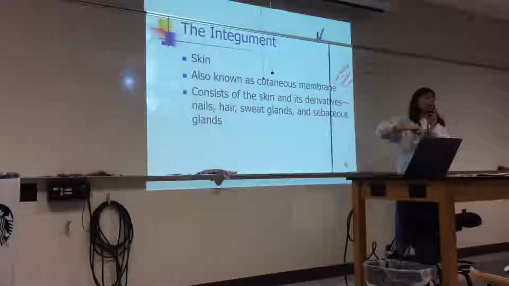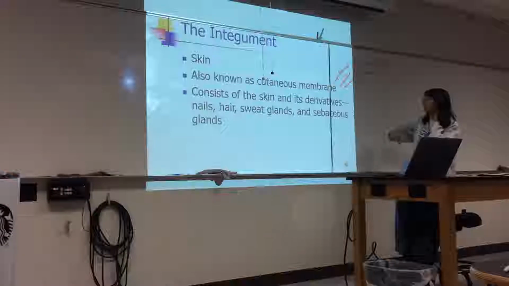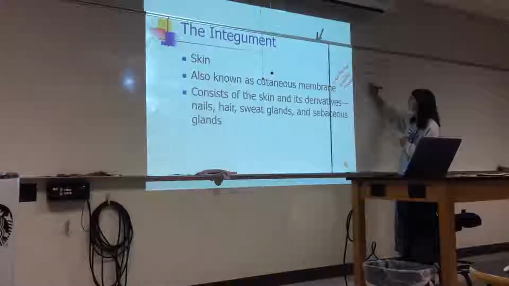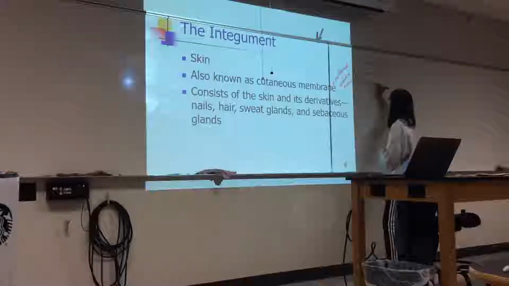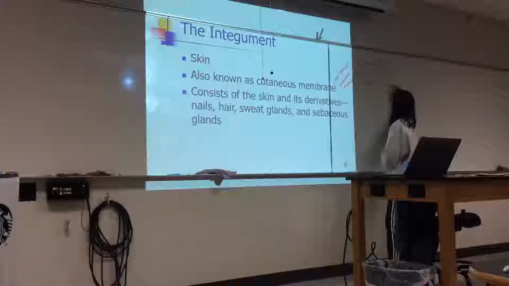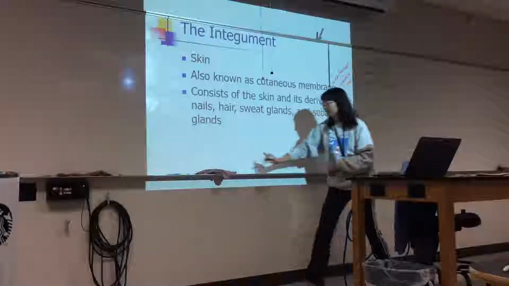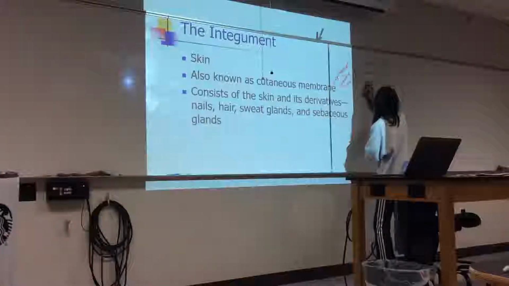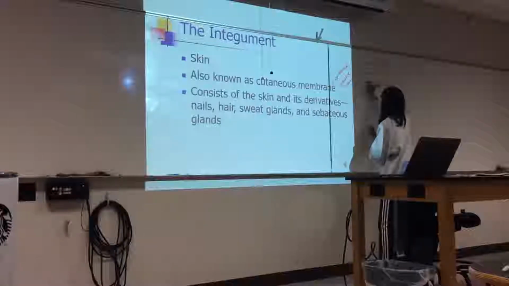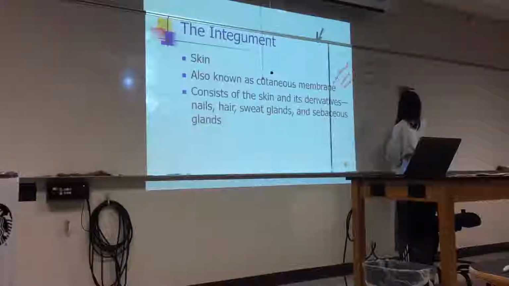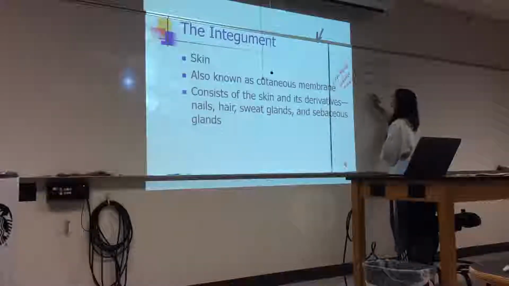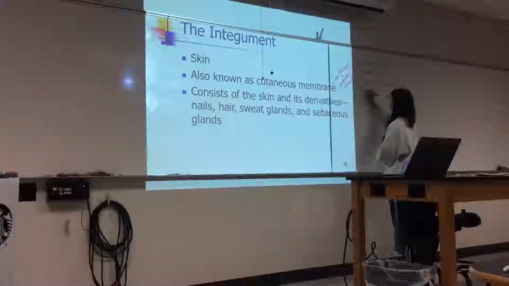You haven't had this yet, but you will in the next couple of weeks. Synovial membrane. And anyone know where we have synovial membrane? Yeah, your joint. And then the fourth one is mucous membrane.